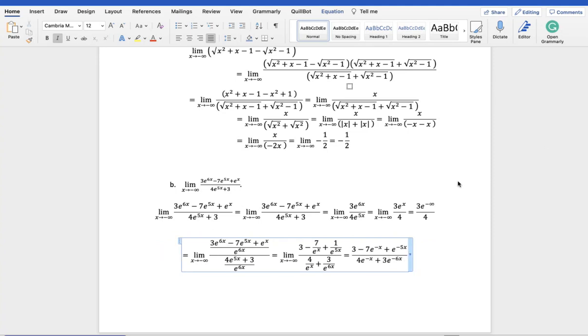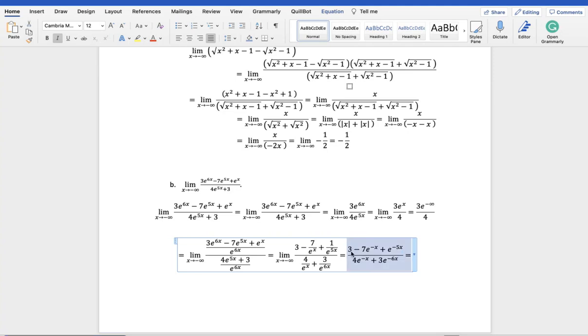But now what happens when you have that? When you substitute the value of x, you will have infinity over infinity, right? I hope you can see that. Yes, I do.